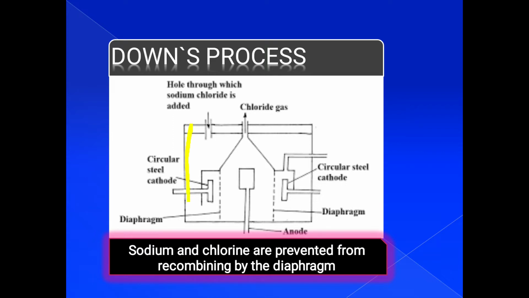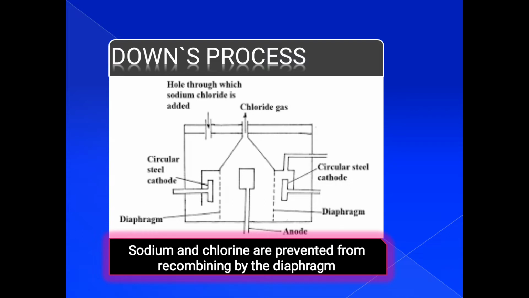Remember, this is a space occupied by sodium chloride. So once sodium is reduced on the cathodes, it ends up floating on the sodium chloride, and it is tapped periodically and gets out through the outlet, like we had mentioned in our previous slide.